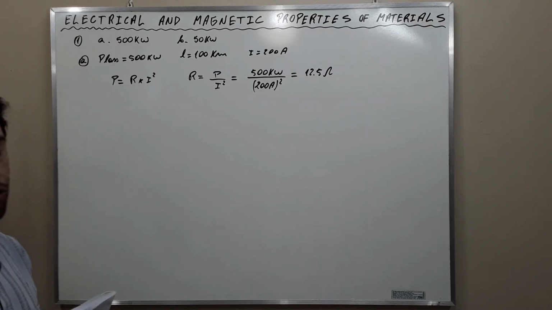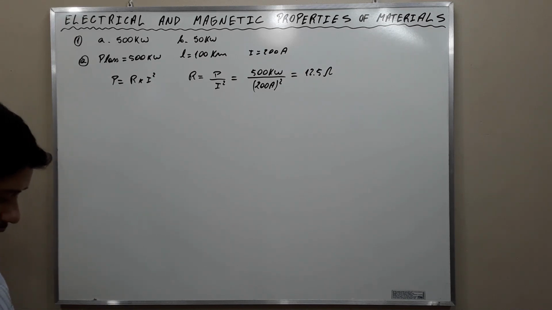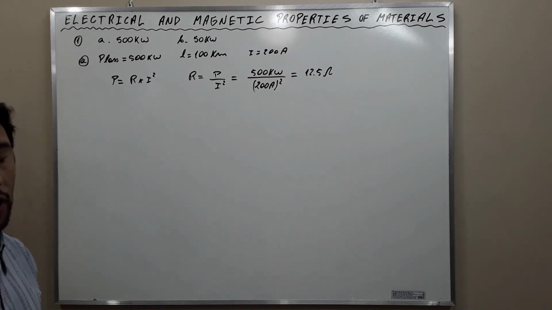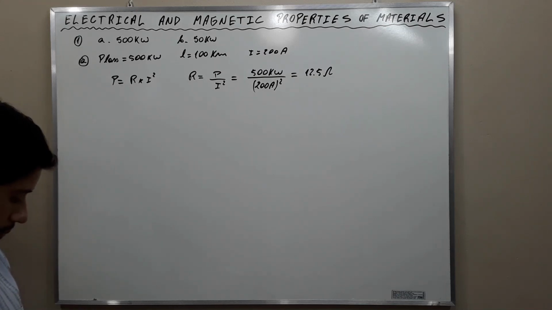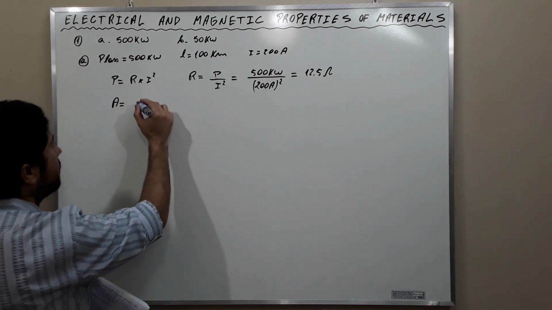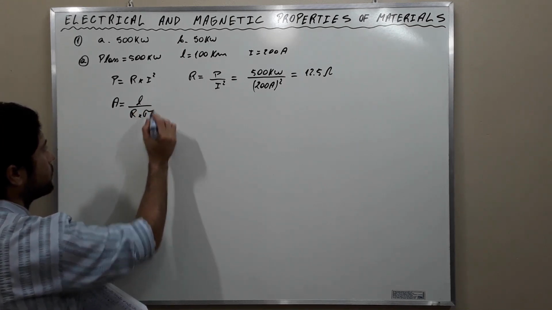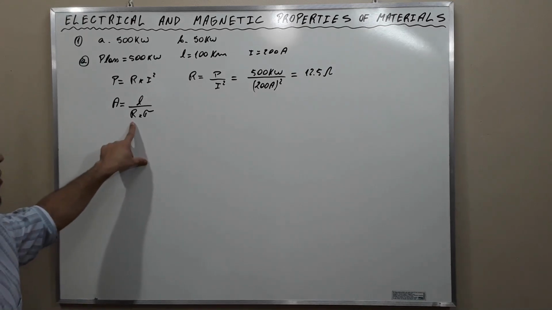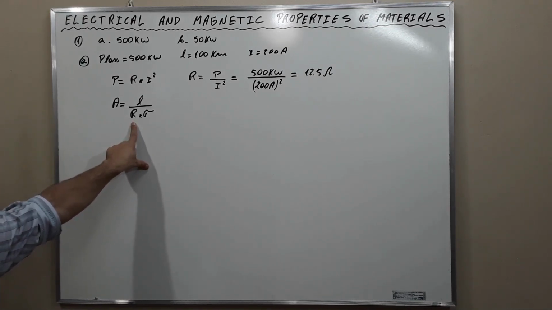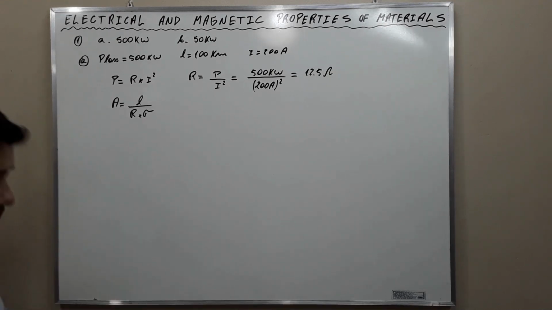Now, we need to calculate the cross-sectional area of the cable. This is the other parameter that we are going to use to design this transmission line. Alright? This is the expression of resistance as a function of conductivity, or if you prefer, resistivity.